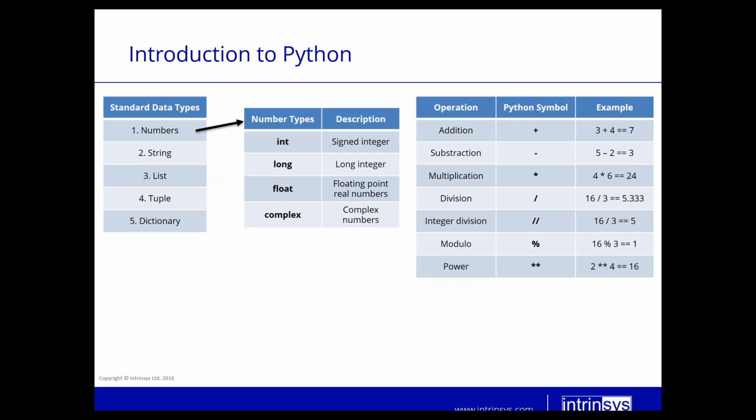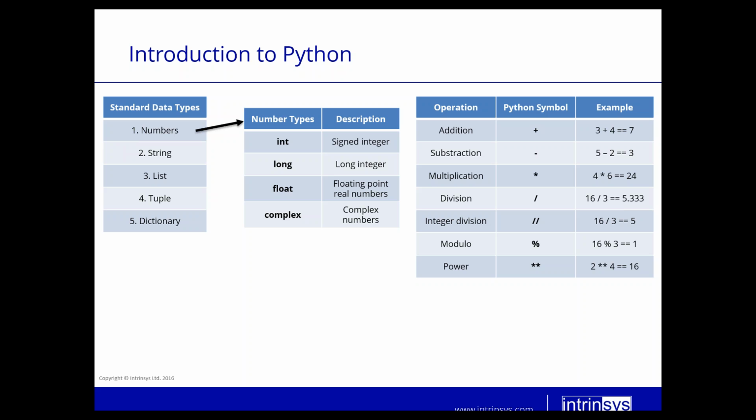So basically, Python, although it's object-oriented, it has some standard data types that it is important to understand in order to work with Python. So first, and probably the most important, is numbers. So in Python, there's 4 types of numbers. You can use integers, long integers, float, or complex numbers. As you can see, there's a list of operators that you can use.